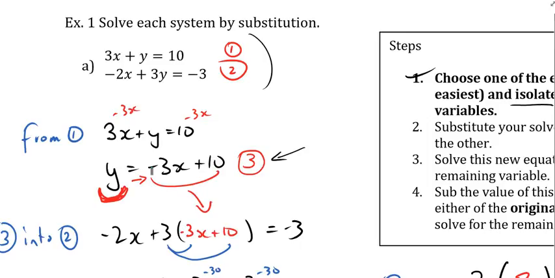Okay, and then look, this is the really important step. This is the substitution. It says y equals this, negative 3x plus 10. So I took that and subbed it into y in the other equation. Look, negative 2x plus 3y, there's my y, equals negative 3. So I subbed it into the other equation.